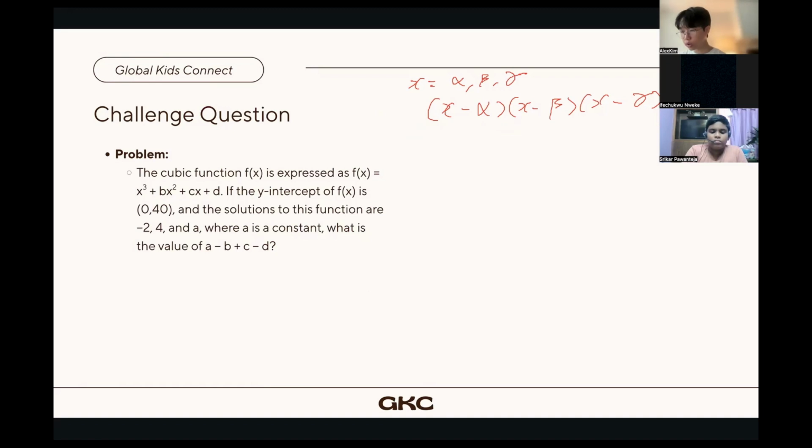If we solve through this, we get the expression x cubed plus alpha beta plus beta gamma plus gamma alpha x squared, minus alpha minus beta minus gamma x, and at the very end minus each root multiplied to each other.